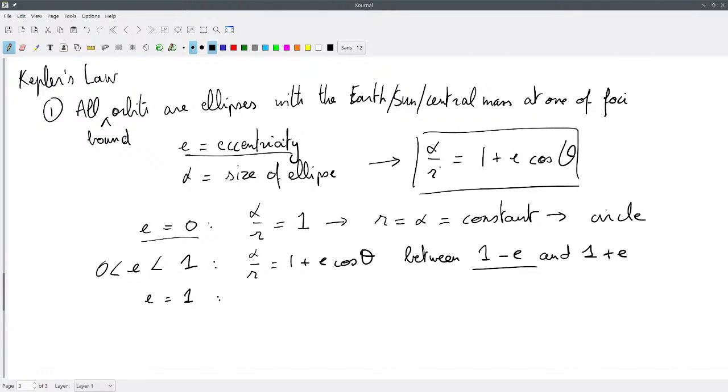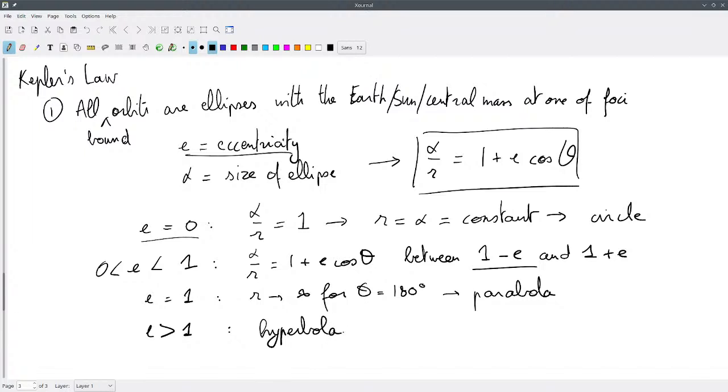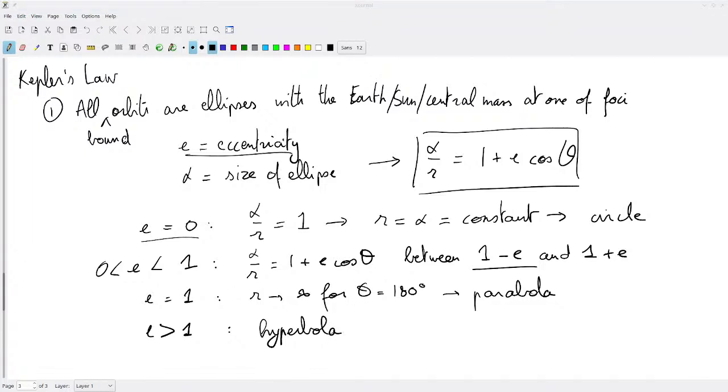And that means that r goes to infinity for theta equal 180 degrees. So this is going to give us a parabola shape. And then finally, we can have e greater than 1, which is when we get a hyperbola. So those are the different kinds of trajectories that Kepler's first law predicts.